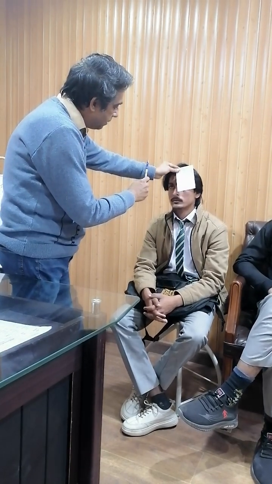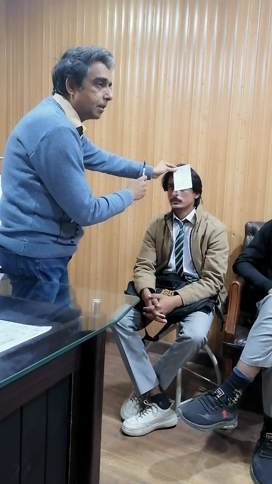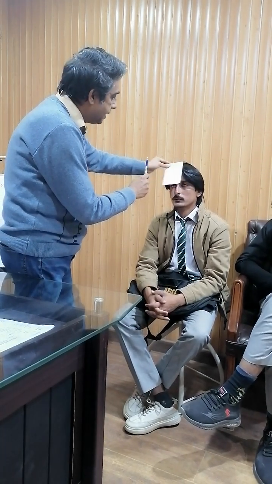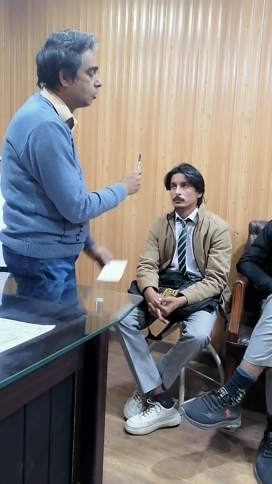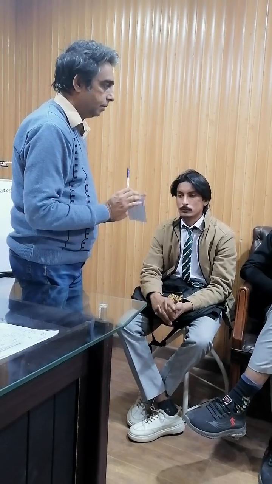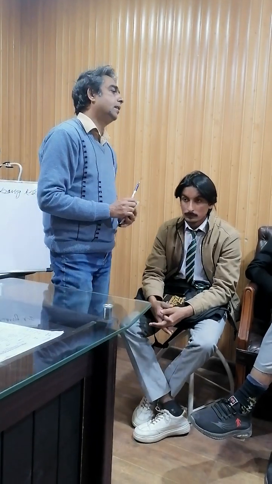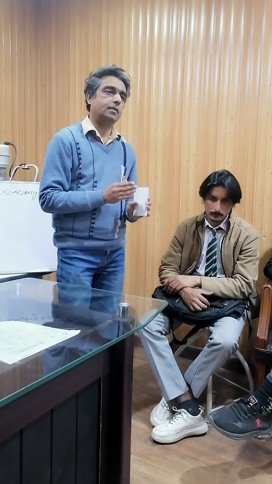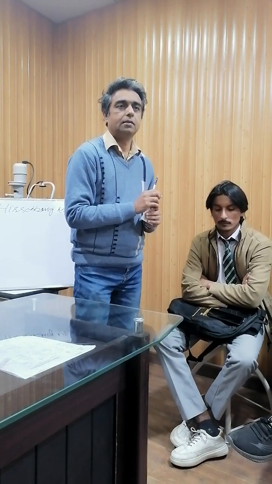Before the first blink, if it is deviated, you will note that it is deviation. And at the end of the test, if any of the eyes is deviated, that is the squint, it can be esotropia or exotropia. Or if both eyes are straight, then you can say that it is normal. So these are the three basic types of cover tests: cover test, uncover test, and alternate cover test. Thank you very much.